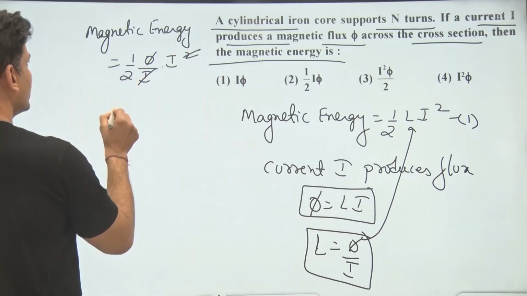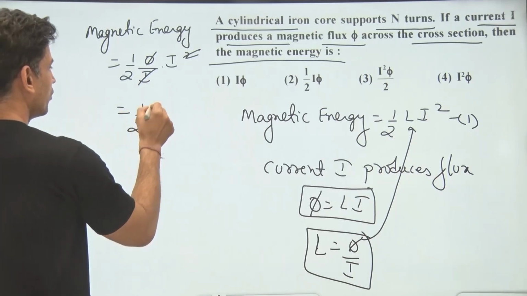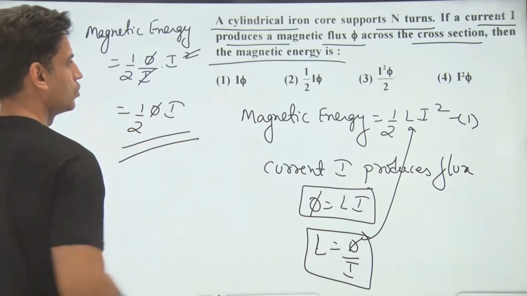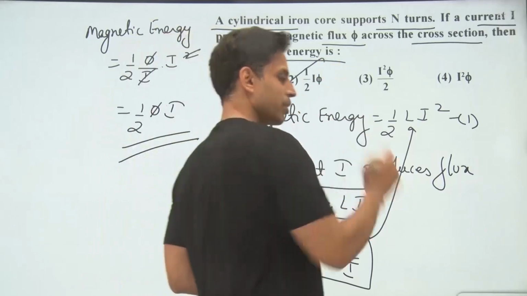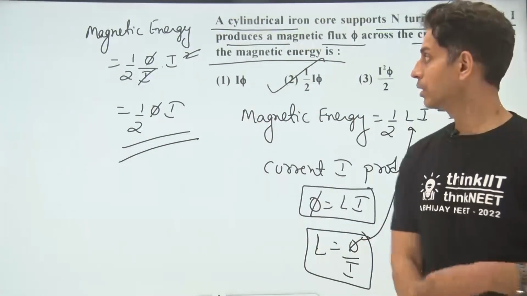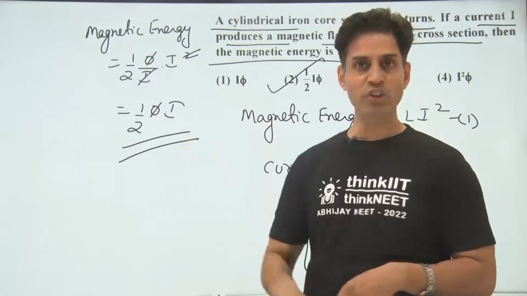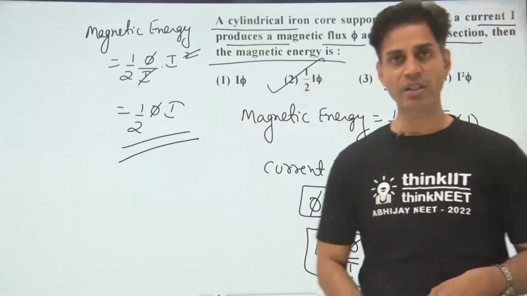I will cancel this I, so it comes out to be half phi I. So phi I by 2, that is option number 2, is the correct answer. This is the value of the magnetic energy as per the given condition. Got it?